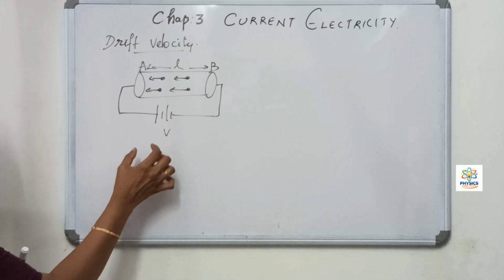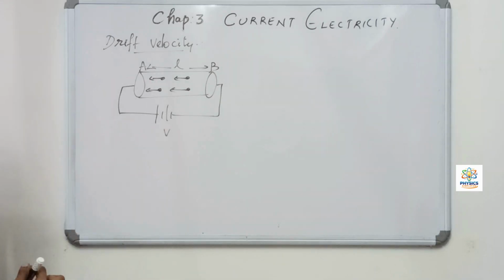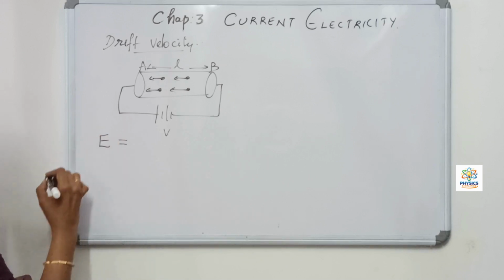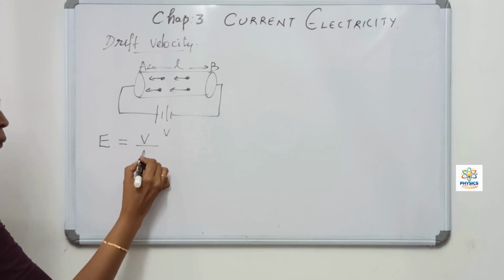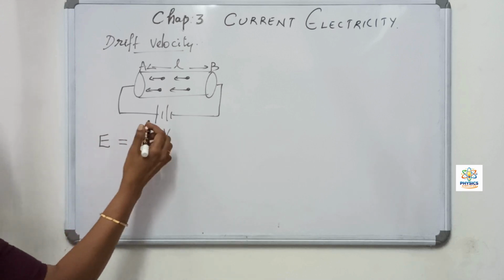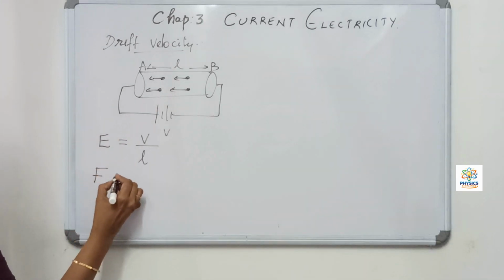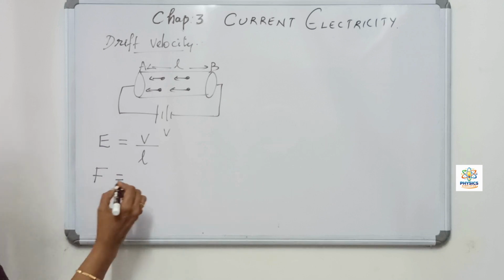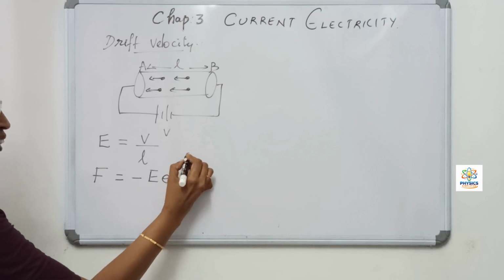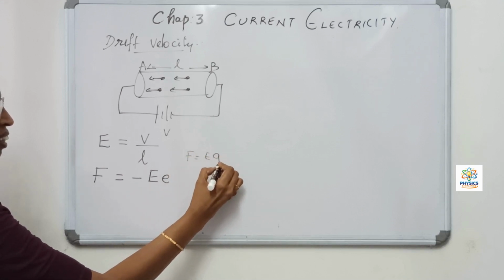So if we apply a potential difference V across the conductor, the electric field produced in the conductor can be written as E is equal to V by L. Due to this electric field, the electrons get accelerated, so the electric force on the electron can be written as F is equal to minus e into E. This relation is similar to the equation F is equal to EQ.